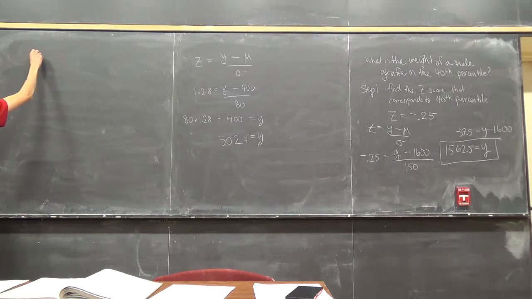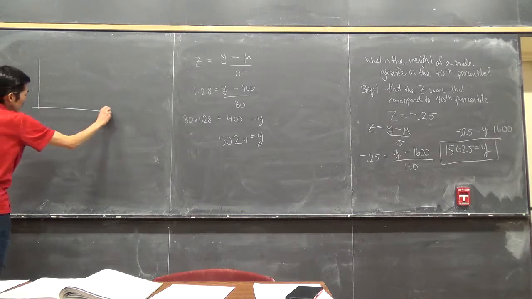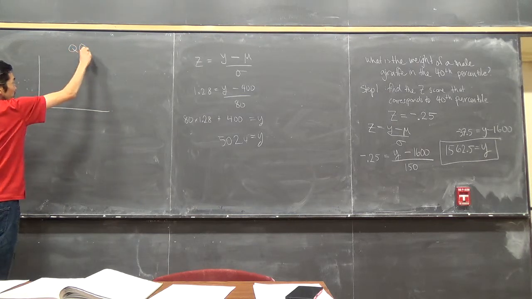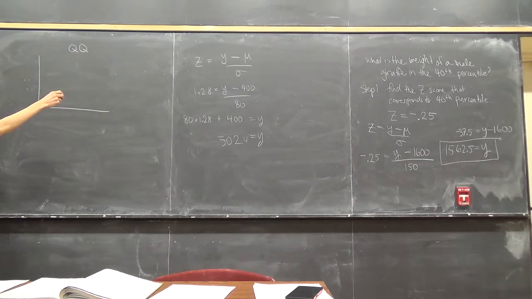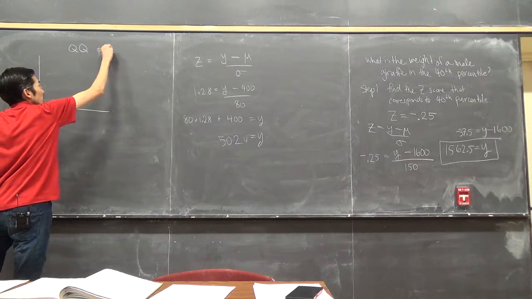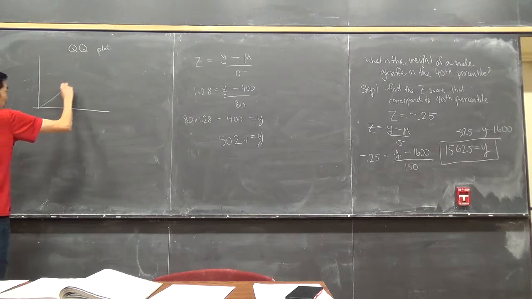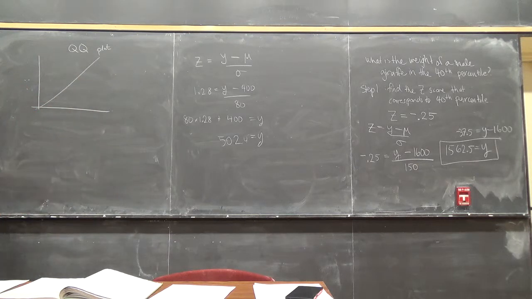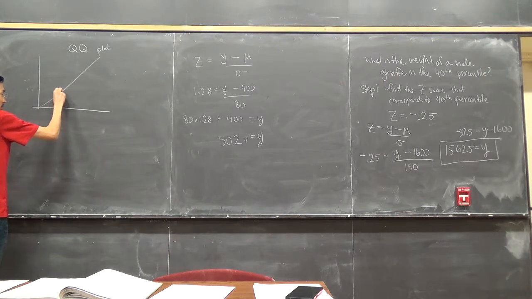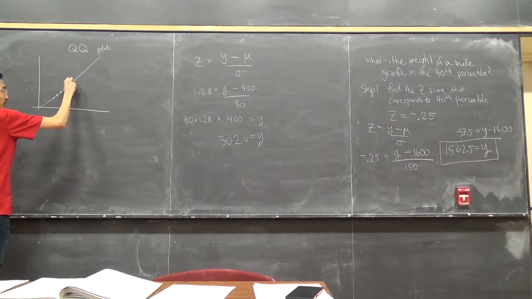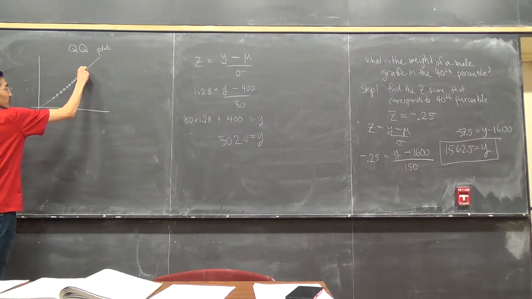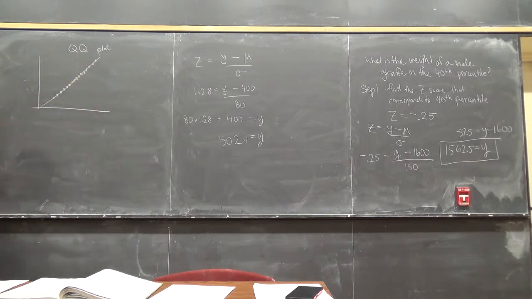Basically, you do something called a QQ or quantile plot. If the data comes from the distribution that you are expecting, in this case a normal distribution, your data points, when graphed on the QQ plot, will go in something that looks like a straight line.